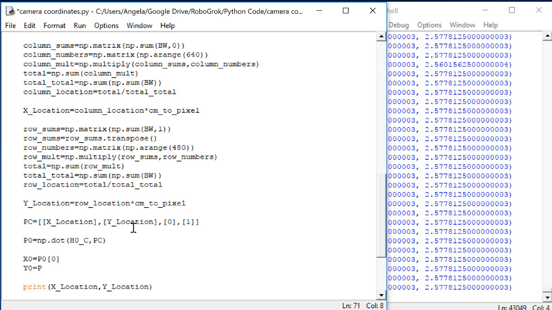And the Y position in the 0 frame is going to be P1, the first element, which is actually the second element. So then what we want to print here, instead of X location, Y location, is going to be X0, Y0. Let's test it.